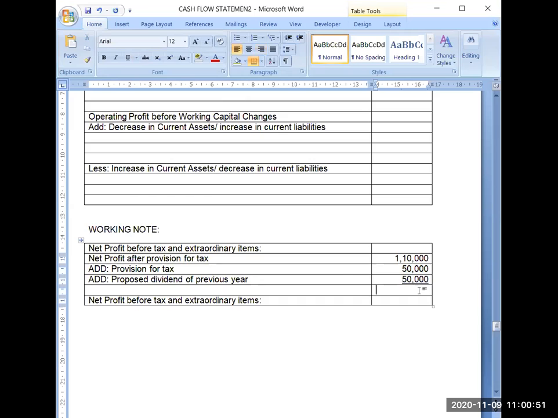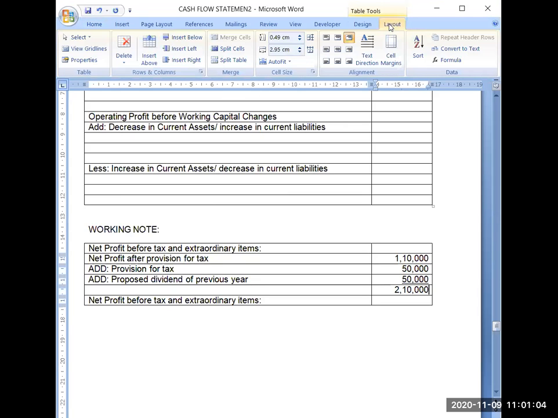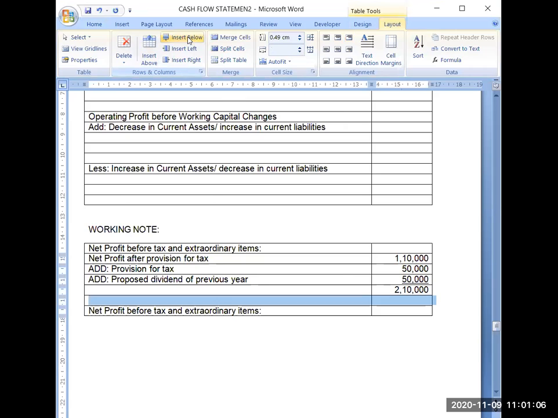Now the total will be 1 lakh, it will become 2,10,000. Then we have to deduct refund of tax.